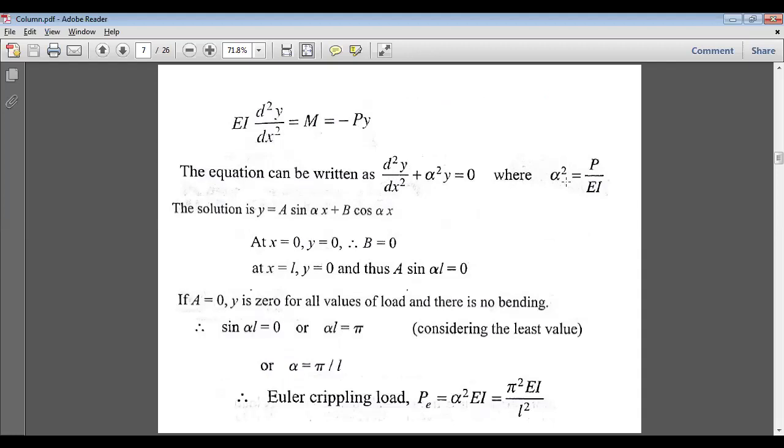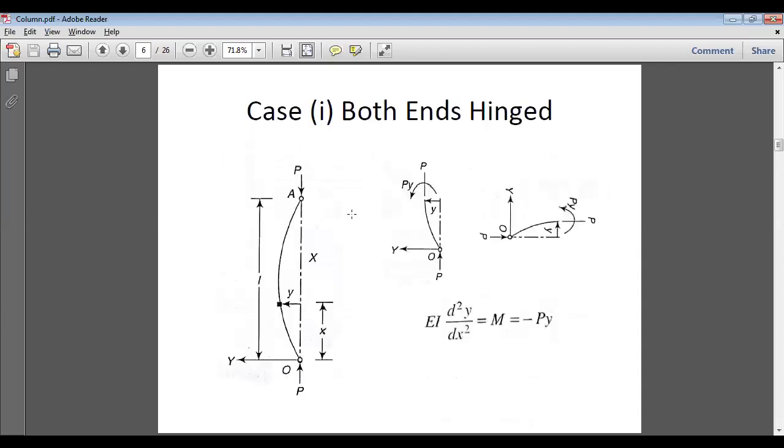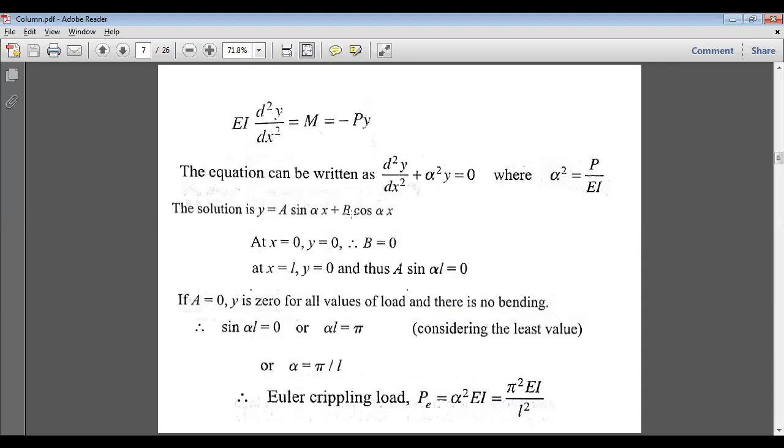Or we can also say that alpha square is equal to P by EI. We have introduced a constant alpha, that is P by EI, in order to make a differential equation of second order that contains only y and dx terms.